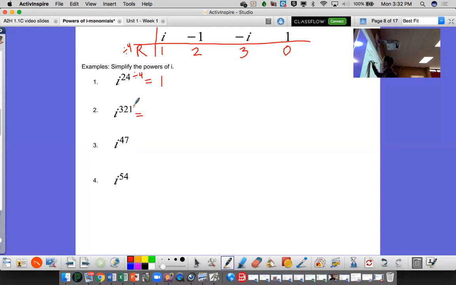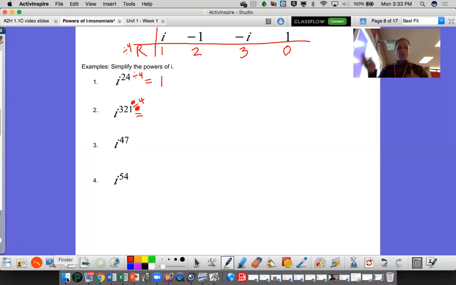If I divide this by 4, you're going to get like 80 and 1 left over. That means the remainder is 1.